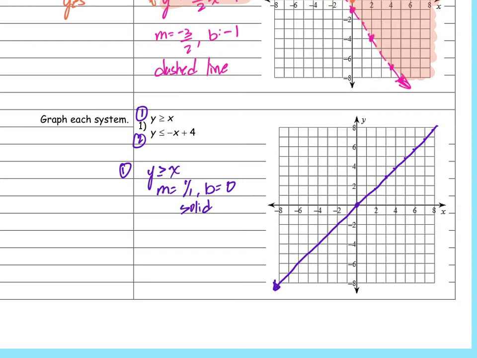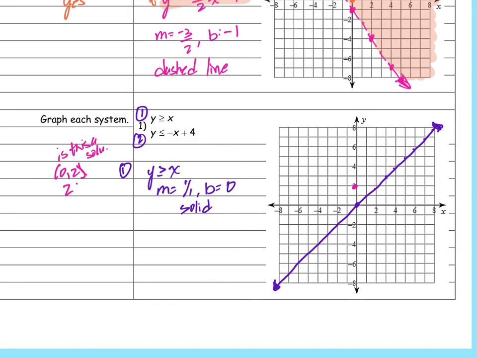Okay. So I need to pick a point that's not on that line. Any point not on the line. So I'm just going to pick this one again. What did I pick? I picked 0, 2. So now I'm going to plug it in. Is this a solution?